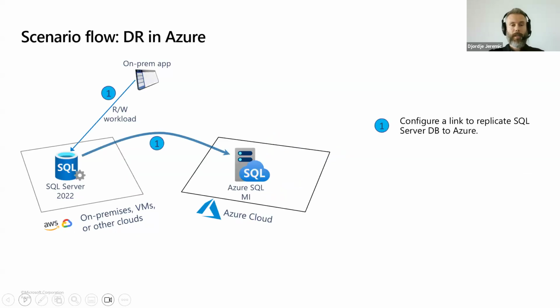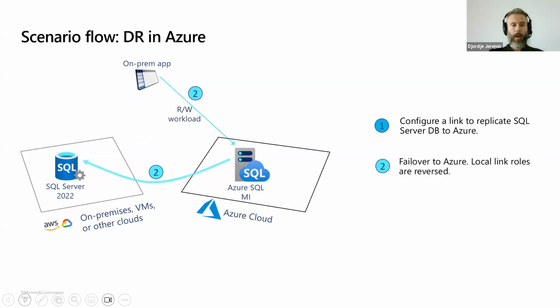And finally, let's see a flow of disaster recovery. Here again, we have a link to replicate data from SQL Server 2022 to SQL MI. The first step is always to create this link, so your application is constantly ongoing. Let's say that you want to perform a disaster recovery drill. Imagine that your SQL Server 2022 became unavailable for some reason, and you really need to continue your business using SQL MI only.